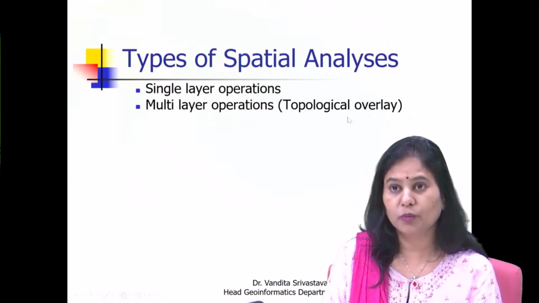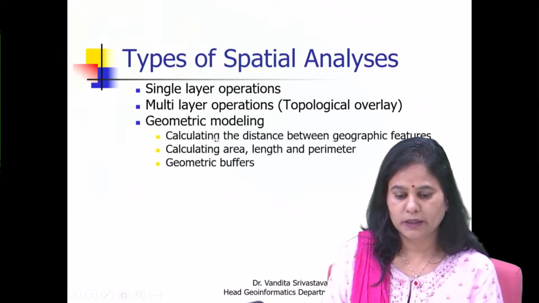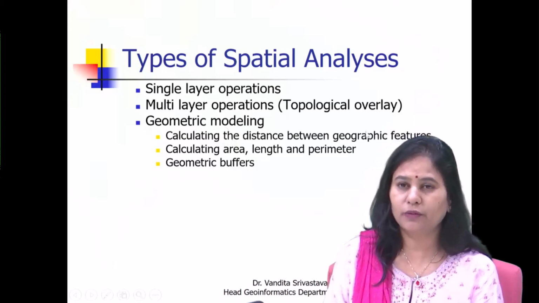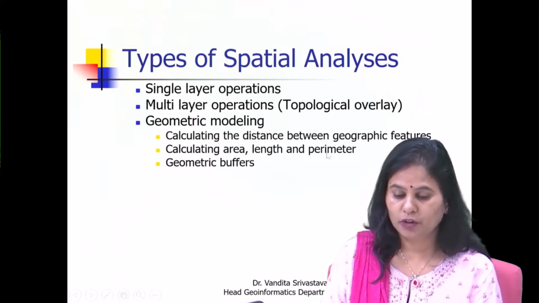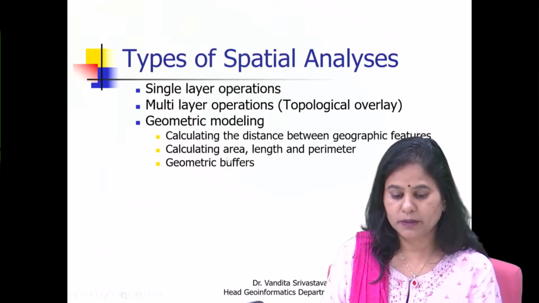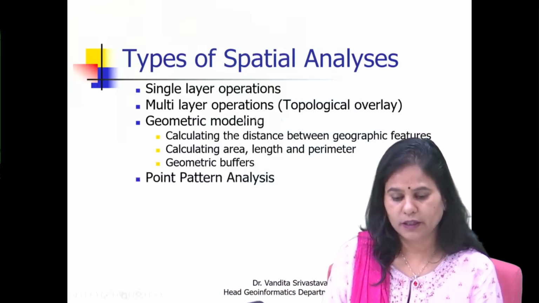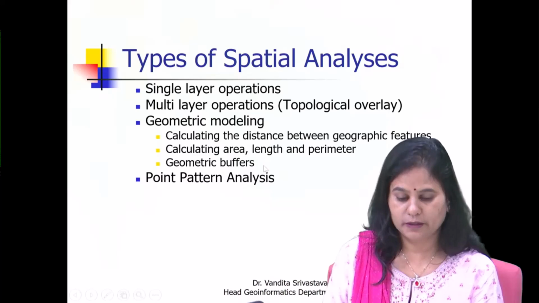We will see some of the topological overlays as well as some of the raster operations to show you the multi-layer operations. And then geometric modeling is possible, that is, you could calculate the distances between various features, you could calculate various other parameters such as area, length and perimeter of line and polygon maps, and geometric buffers, and many other measurements you can make for the given layers.